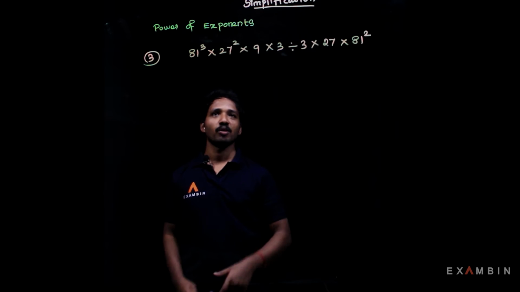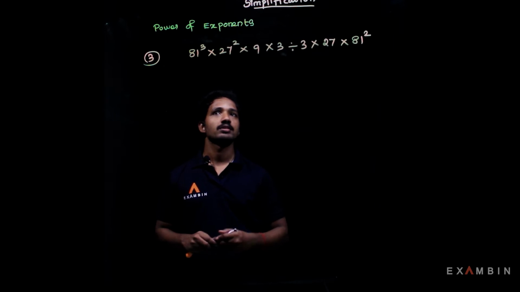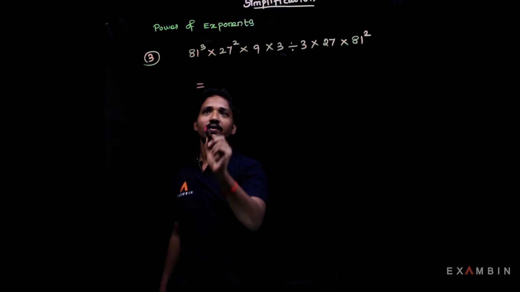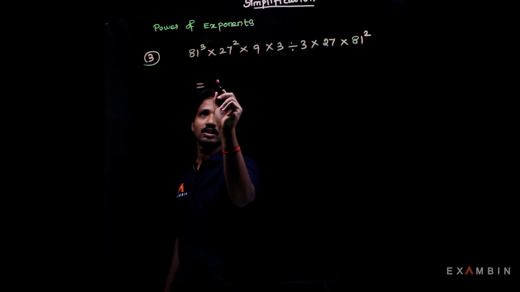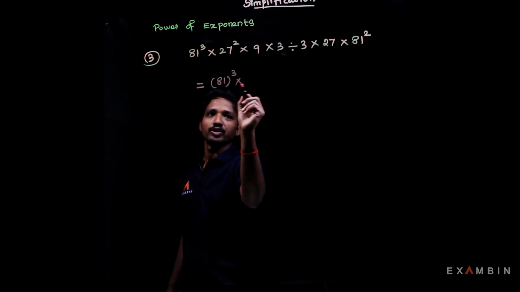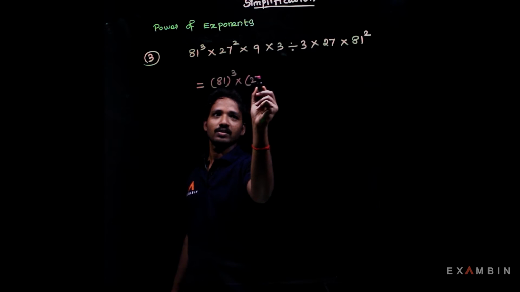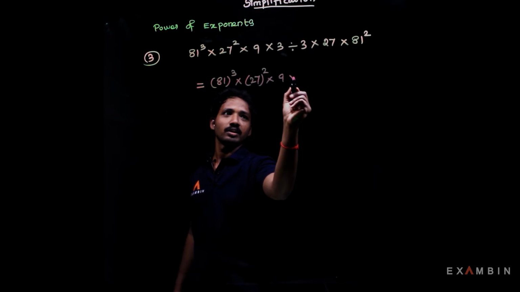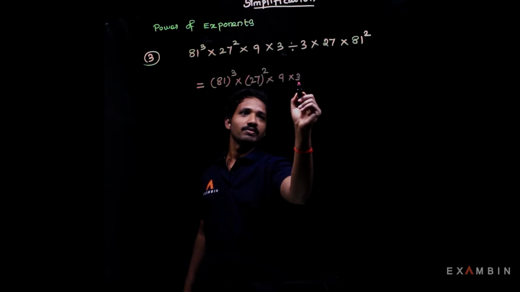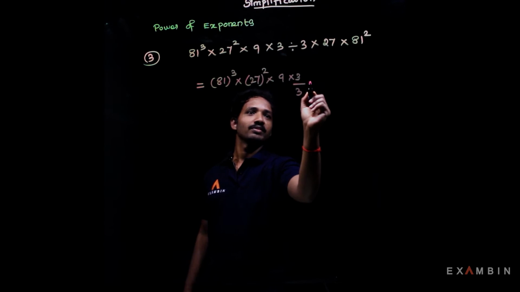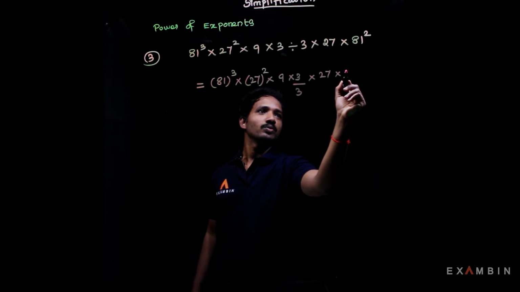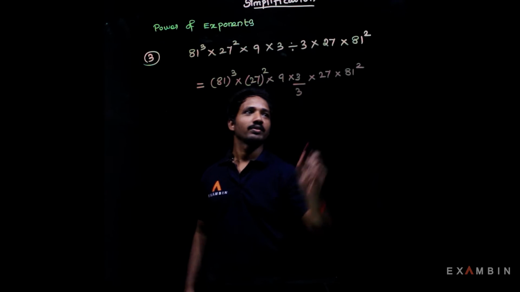Now we will see this problem and how to solve it. 81 cube we can write as 81 cube into 27 square into 9 into 3, divided by 3, we can bring it here, 27 into 81 square.